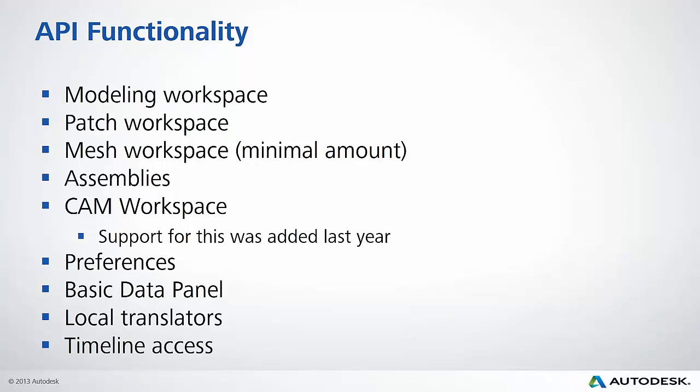You can do assemblies in the API. And then I believe it was last year we added the CAM ability in API, and we're still building on that as we speak. I can hit preferences with API, some basic data panel, local translators, so whether I'm importing or exporting files, and then I can access certain things through the timeline.